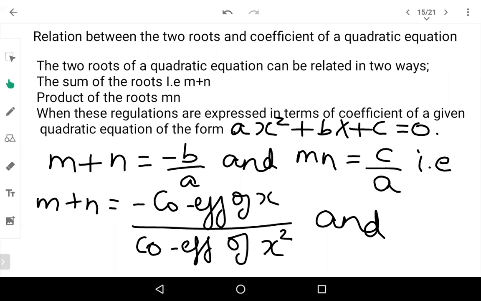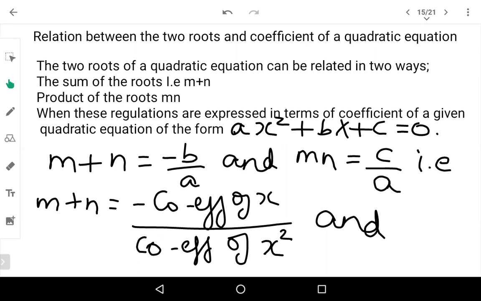Here they have defined it completely. m plus n is nothing but minus of the coefficient of x. What is the coefficient of x? b, right? x is the variable, b is the coefficient. And the coefficient of x square is a. So minus b by a means minus coefficient of x divided by coefficient of x square.